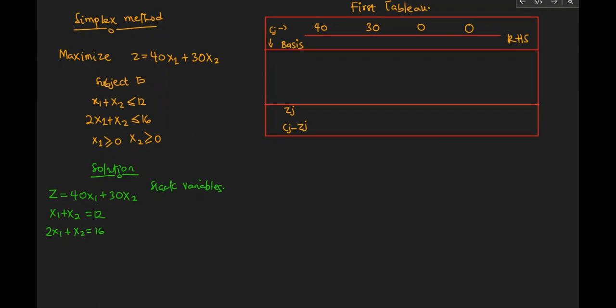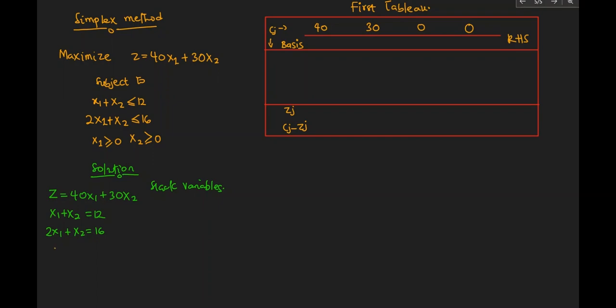Because we're given two constraint equations, we are going to have two slack variables. Let's say z was a profit; the slack variables will not contribute to the profit value that we want, so for that reason you make the coefficient 0.